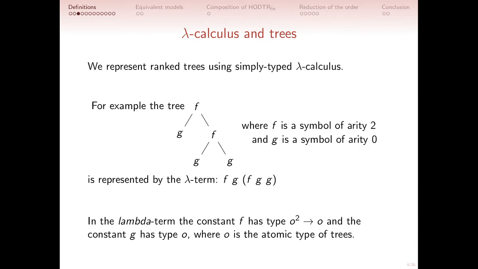For example, if you have a label F of arity 2 and a label G of arity 0, the constants that correspond to these labels will have type O2 to O for F and O for G. And so a tree that is represented like this can be represented as a lambda term like this.